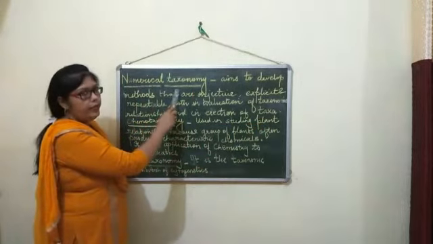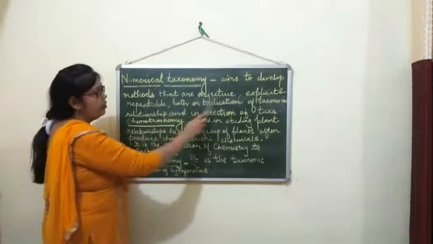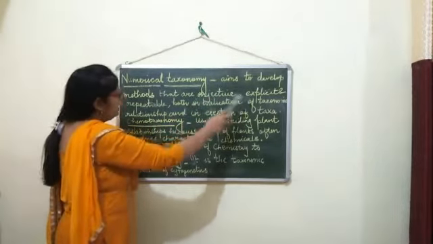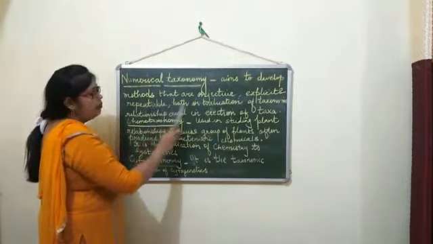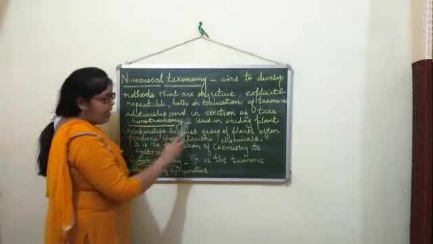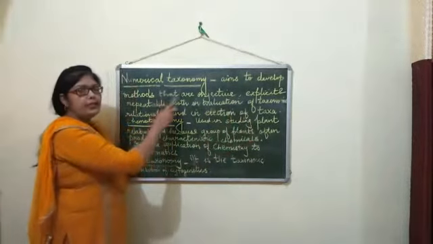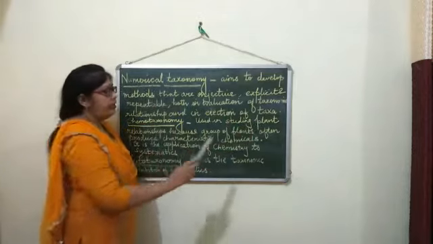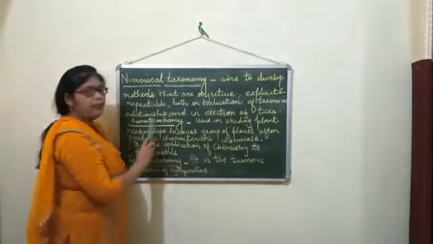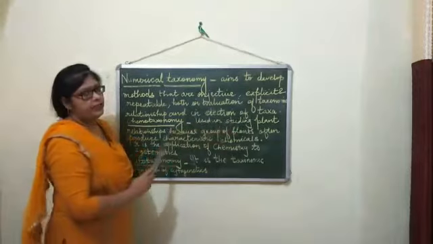Numerical taxonomy, as you can see, aims to develop methods that are objective, explicit and repeatable both in evaluation of taxonomic relationship and in erection of taxa. So numerical taxonomy deals with the evaluation of taxonomic relationships and erection of taxa.